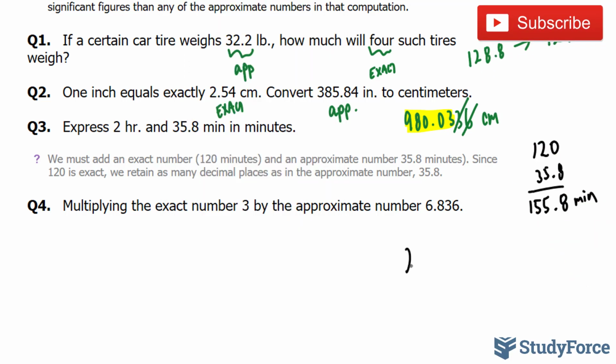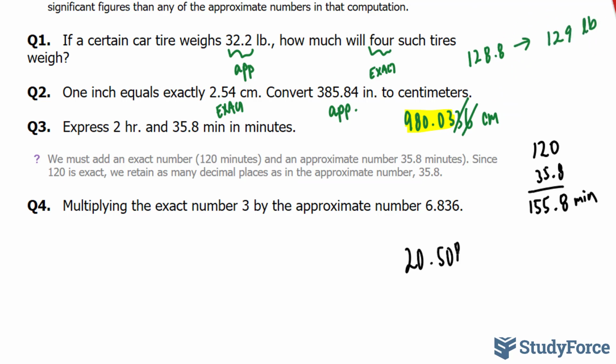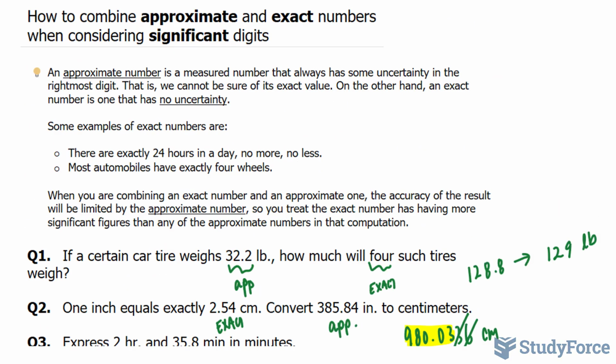I'll write it down first. 20.508 ends up becoming 20.51. Of course, we've rounded it up, and that's your final answer. And so there you have it. Now you know how to combine approximate and exact numbers when considering significant digits.